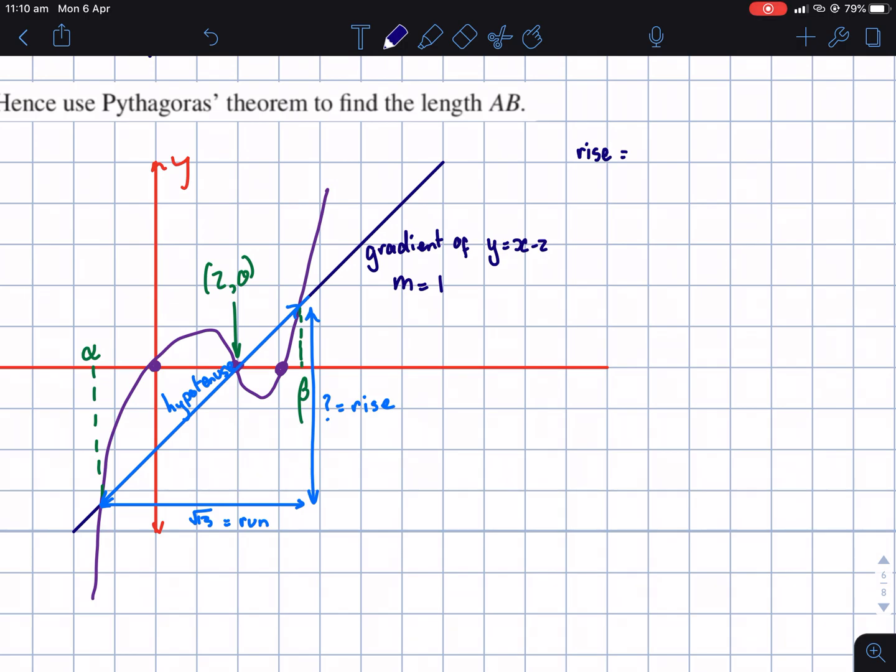So, if the change in x was, so x went along by root 13, then the rise equals root 13 times 1, because the gradient was 1.